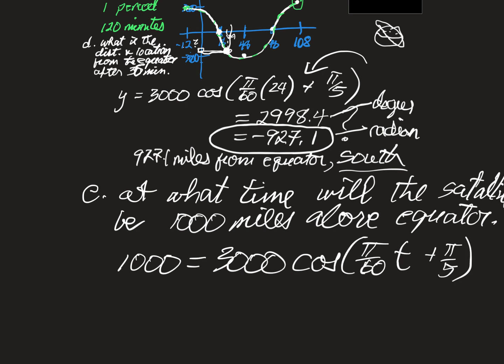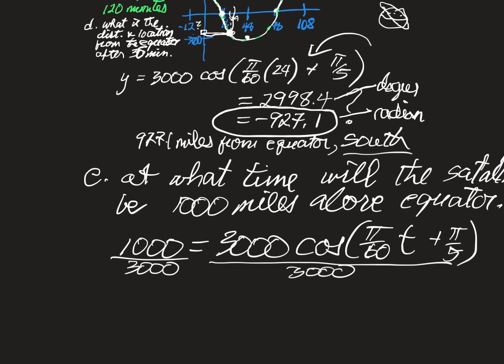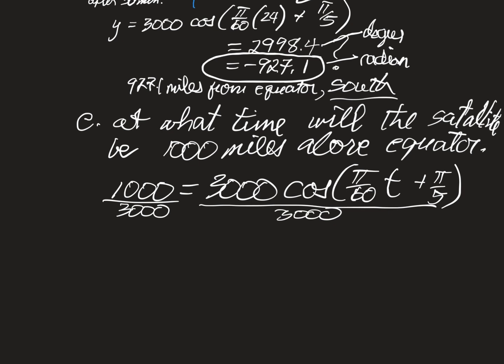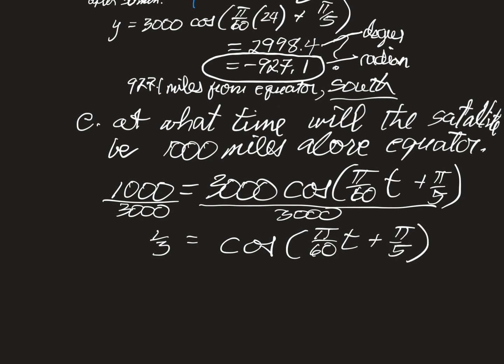So divide by 3,000 on both sides. So we're just going to solve the equation now. A little more complicated equation, but not too tough. So we get 1/3 equals cosine of pi over 60t plus pi over 5. And so we have to take the inverse cosine of both sides.